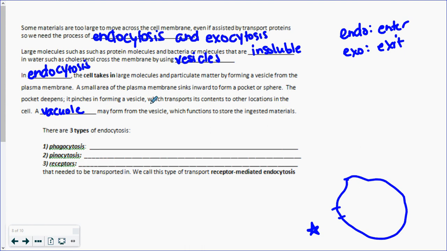So there are three different types of endocytosis. Phagocytosis is endocytosis of large particles.